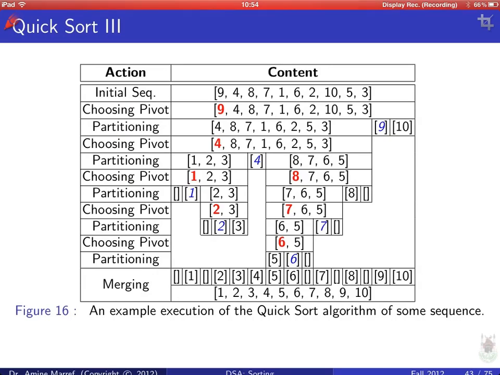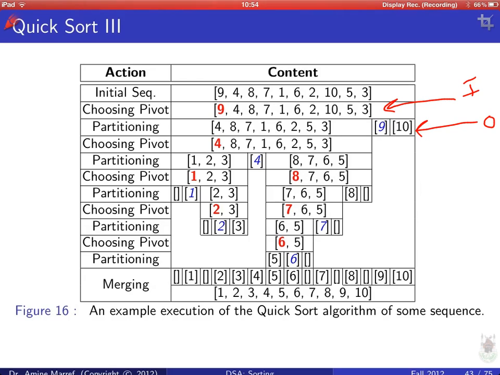So each partitioning level is big O of n. And how many partitioning levels do we have? Well, we said between log n and n.